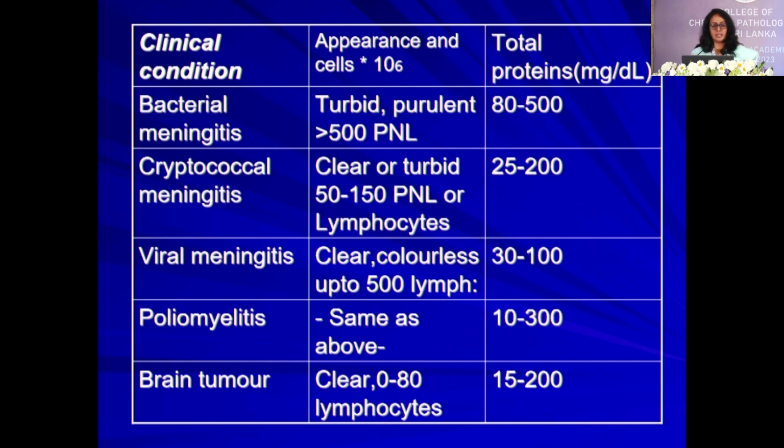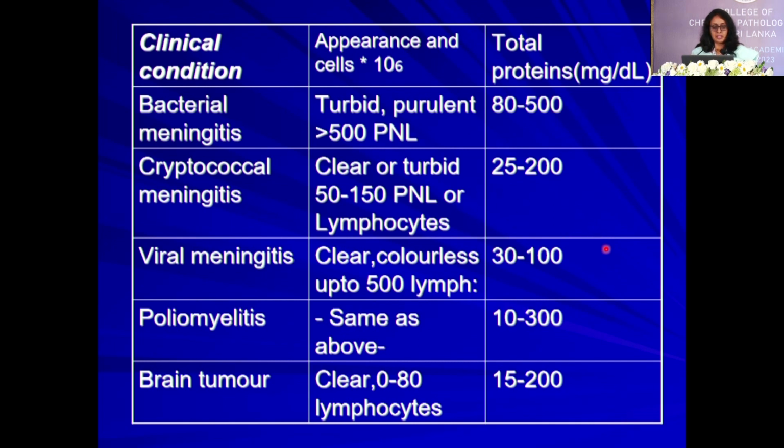Total protein level is lower than in bacterial meningitis. It is between 25 to 200, so it may range within the normal level also, because up to 45 CSF protein is normal. So only bacterial meningitis has the higher protein.